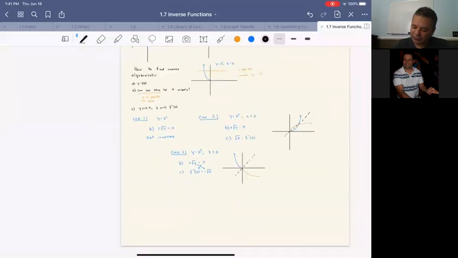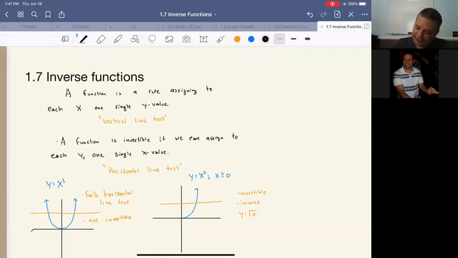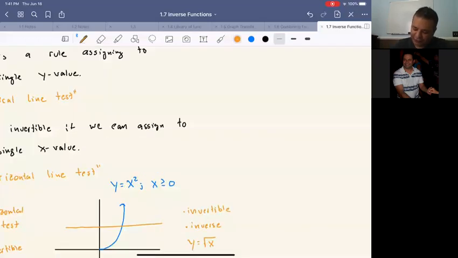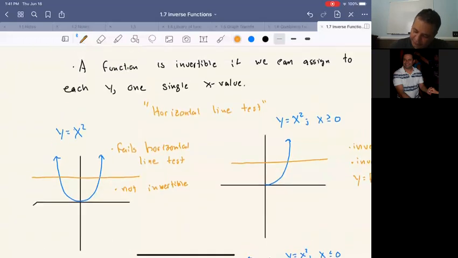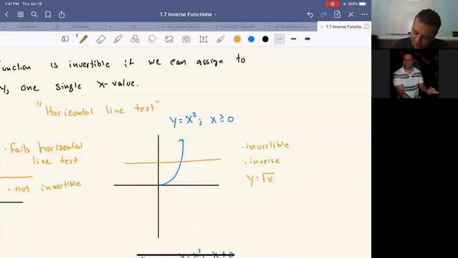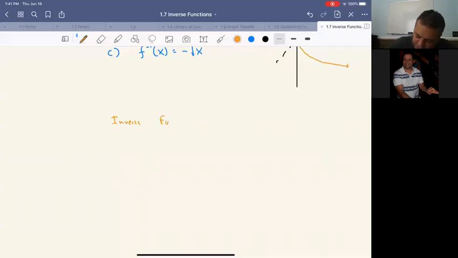So another way to think about this is actually something that's not part of the definition, but it's extra. An inverse function is a reflection across the line y equals x.